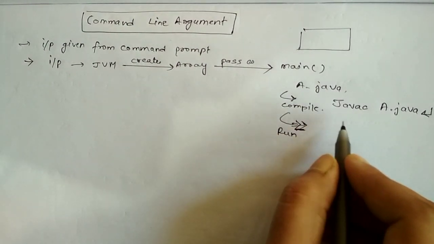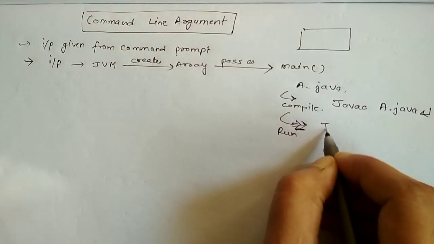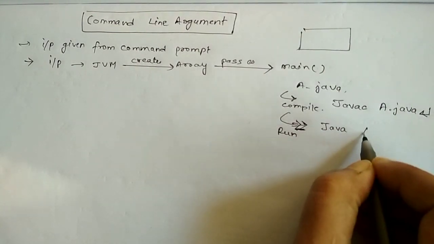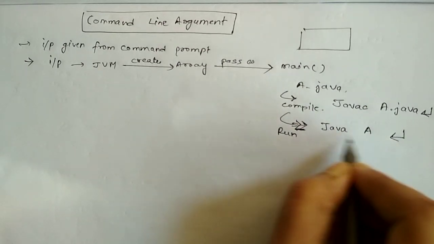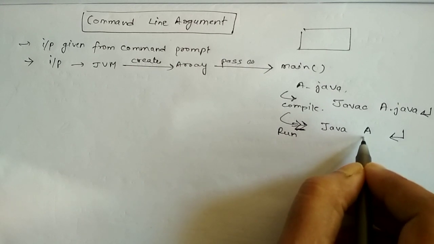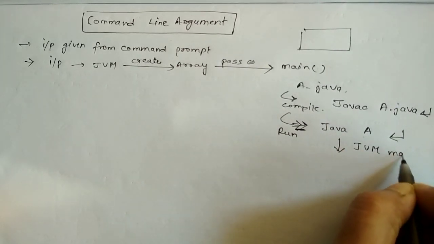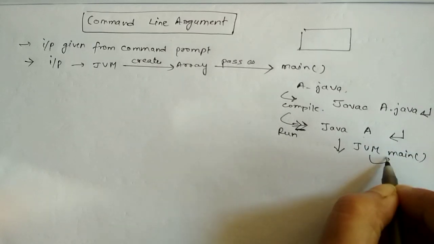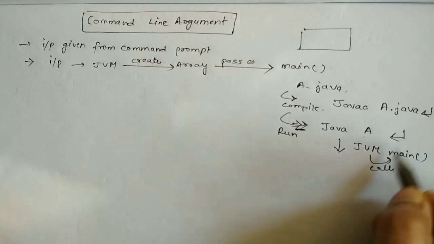How to run the Java file? We only have to write java and the file name. When we press enter, the JVM calls the main method. Which main method will the JVM call?